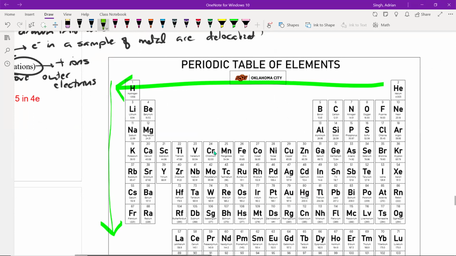Okay, so in green here, we have metallic character increases. And then also going from top to bottom, metallic character increases as well. Right, and that's a similar trend we saw with the sizes of atoms, the atomic radius.